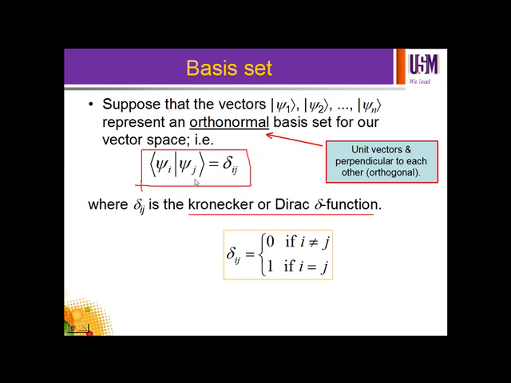The inner product of i and j should be equal to delta ij, and the property of delta ij is that delta ij equals 0 if i is not equal to j.